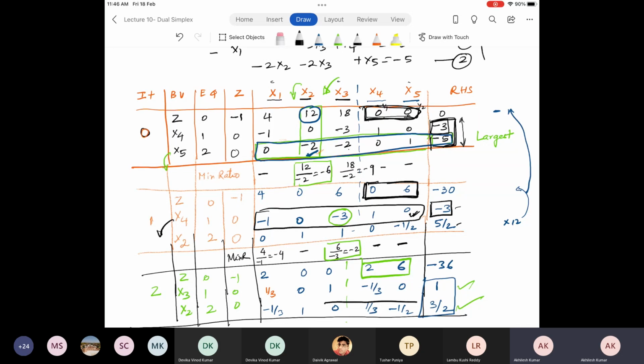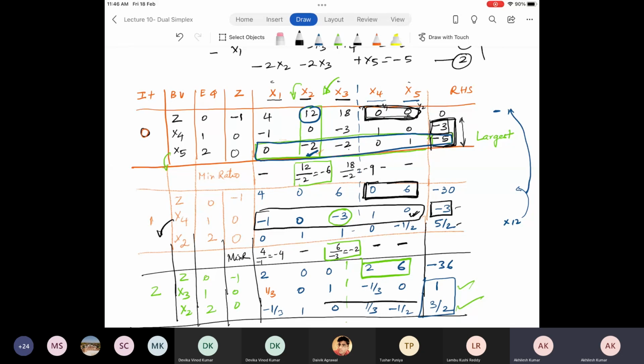If it is an equals sign, what do we do? We write two constraints, greater than equal to and less than equal to, and again multiply by minus. So this takes care of all those big M and two-phase solving, everything is taken care of if you apply this method.